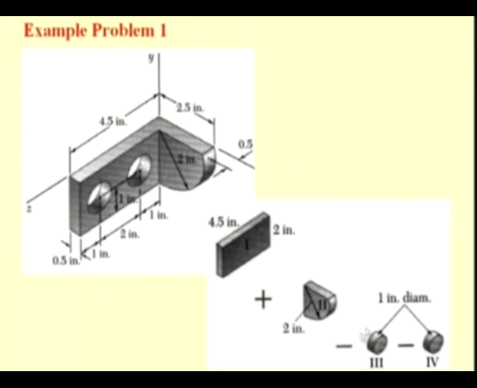So negation of these volumes, that is 3 and 4, and then we have to add the volume corresponding to this feature, that is volume 2. And for these shapes the location of the centroid is known.